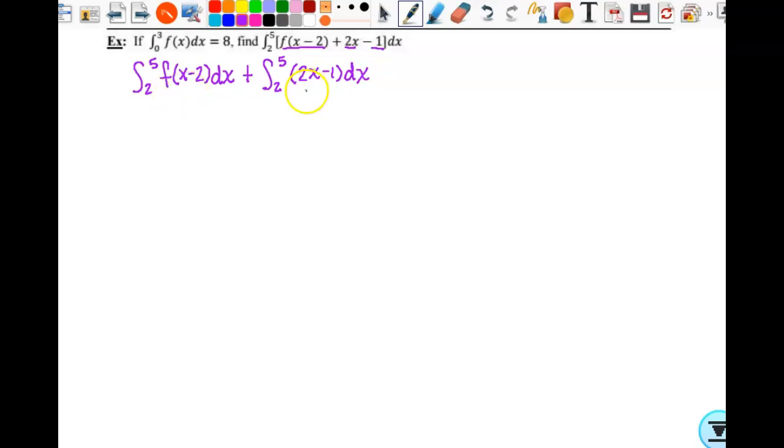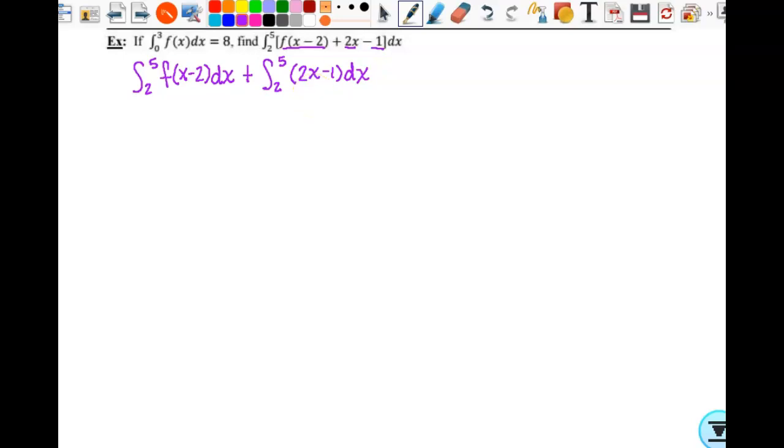This is not f of 2x minus 1. It's just straight up 2x minus 1. So basically in this one, we know what the function is, right? In this one, I have no idea what the function is. I just know it's been translated. See the difference there? I'm pointing that out to you because when I worked this the first time, I got this part, and then I was like, what the heck with this 2x? I don't have the information for that. I was trying to use this as f of 2x minus 1. Totally not what it says, so don't do it that way.